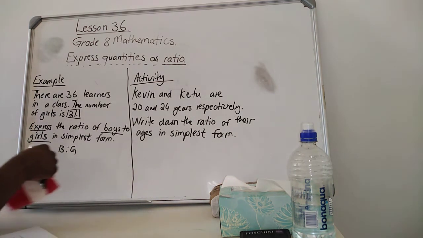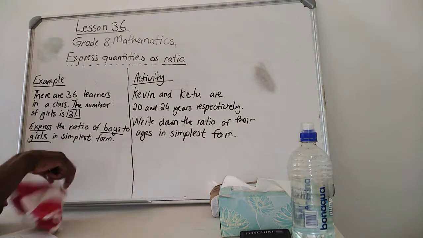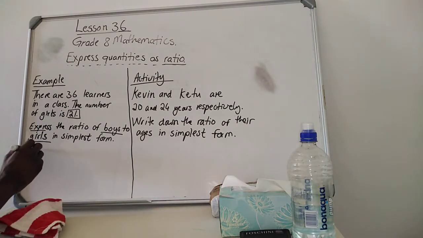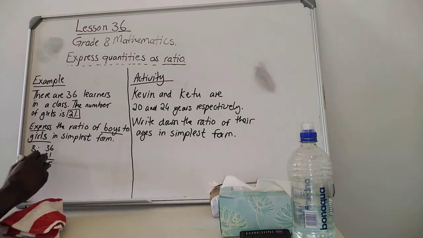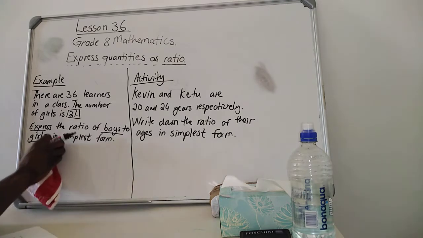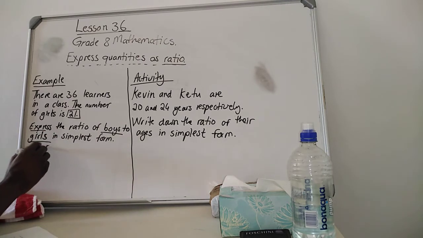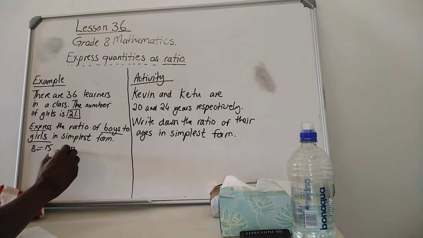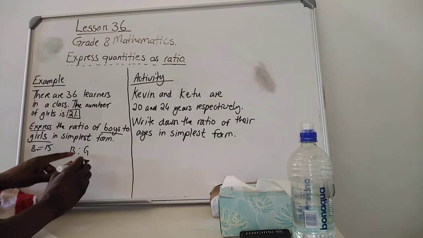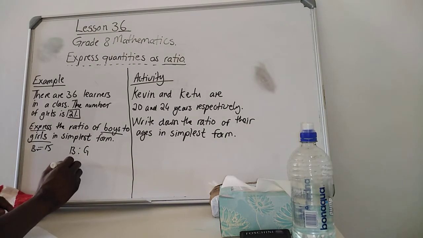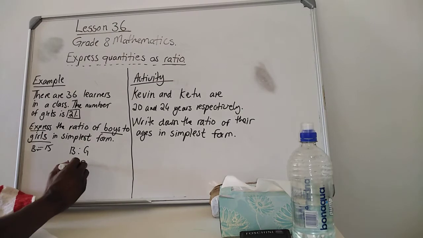Okay, so the first thing that we need to do is to figure out the number of boys. So the boys is 36 take away 21, that's 15. So there are 15 boys. Now we can say boys to girls. The number of boys is 15 and the number of girls is 21.